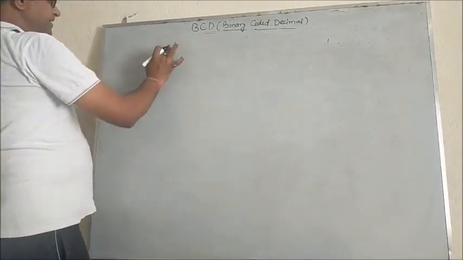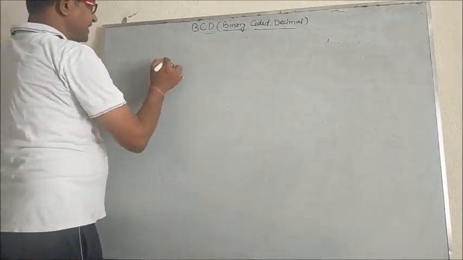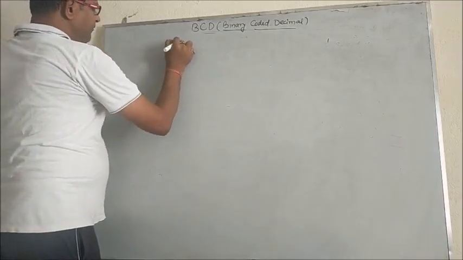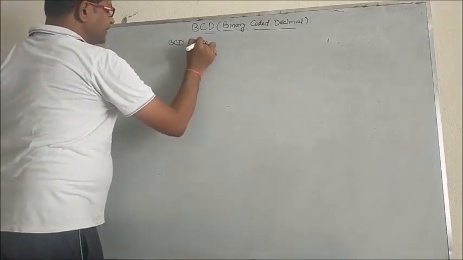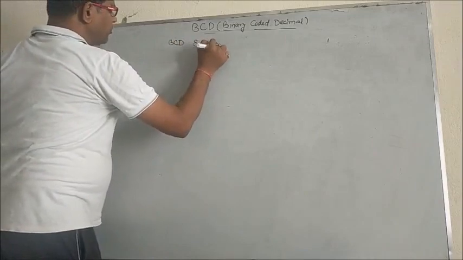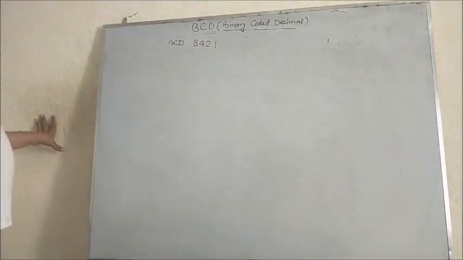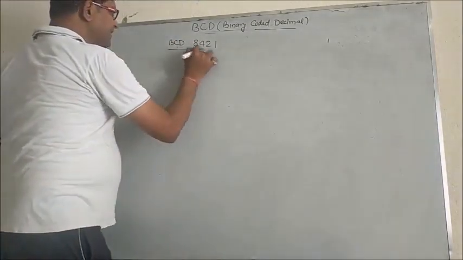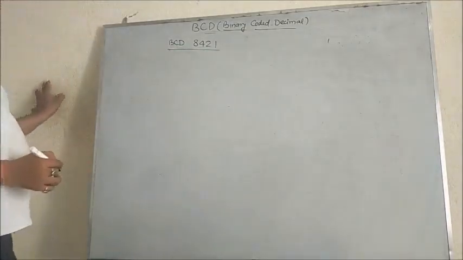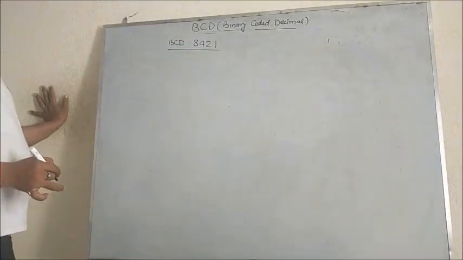So the 4 binary digit number will be such that in BCD code we write it as 8 4 2 1. See, what is 8421? This is the representation of BCD code, right?